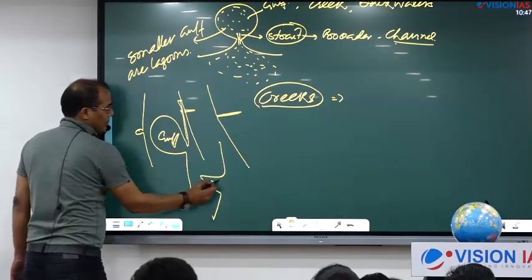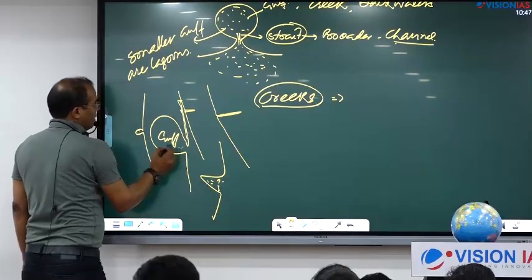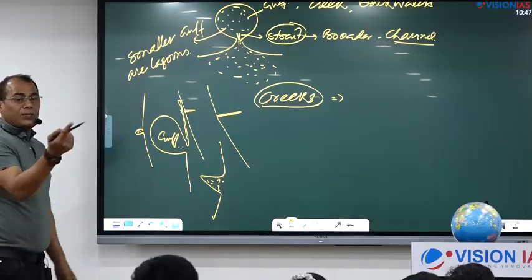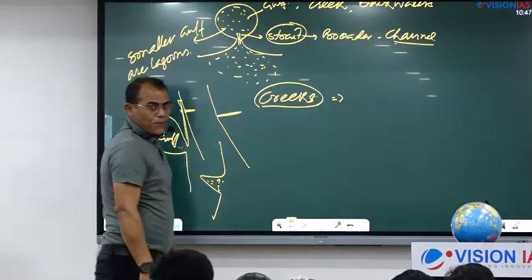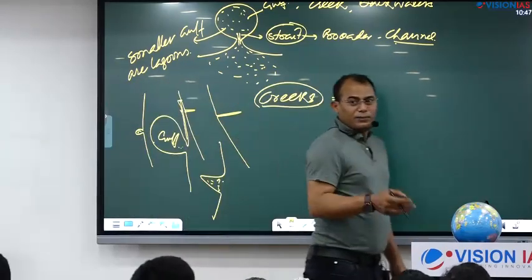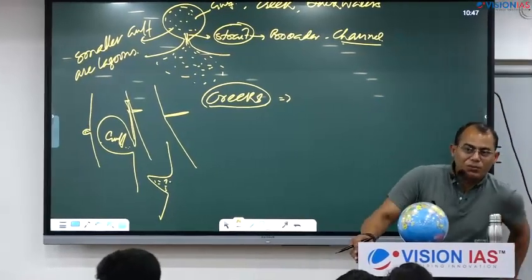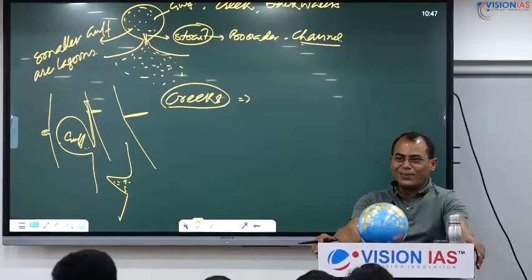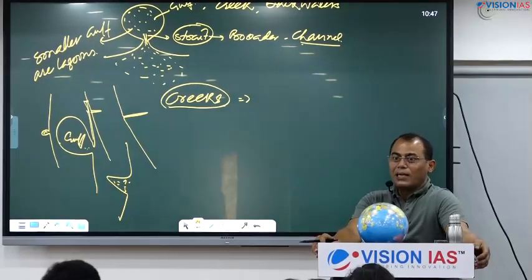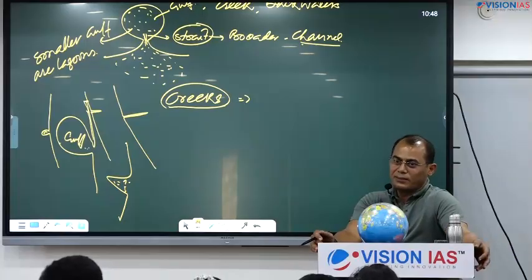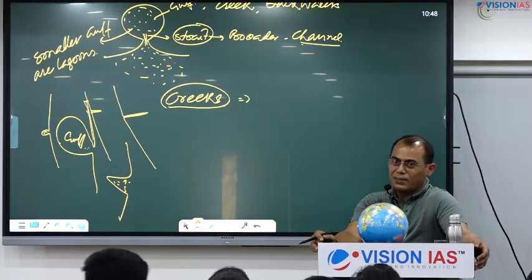Bay. Bay, Gulf, lagoon. A lagoon is a lake which is connected to the ocean, as simple as that. And if it is a big one, it will be a Gulf. You can say an extremely large lake or lagoon is a Gulf. A Gulf with a wide open mouth is a bay. Are we clear?